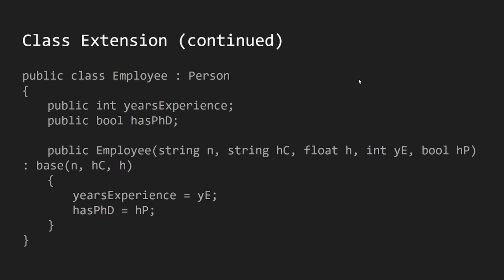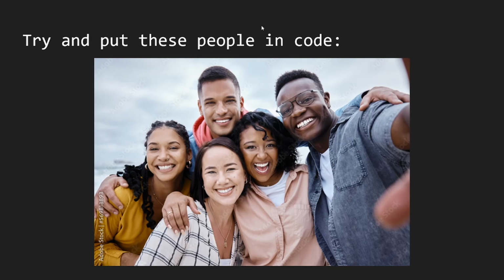Now, this is where I bring you to this lovely stock photo, okay? And try and put these people in code. That's my challenge to you. Try and put these people in code. What you'll find is if you try and use class extension, it gets really, really unintuitive.